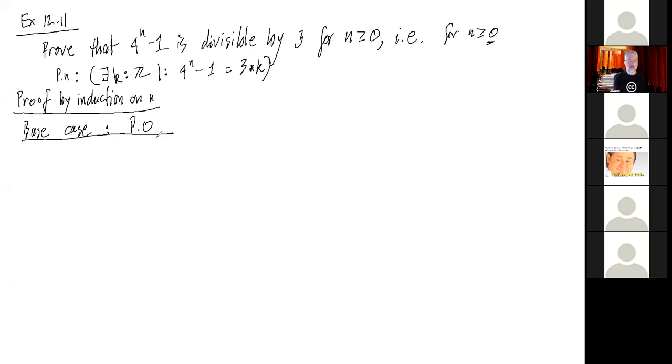So we need to show that there exists a K in the integers, so an integer K, where 4 to the 0 minus 1 equals 3 times K. So we're saying we need to show that there is some K that makes this thing true, okay?